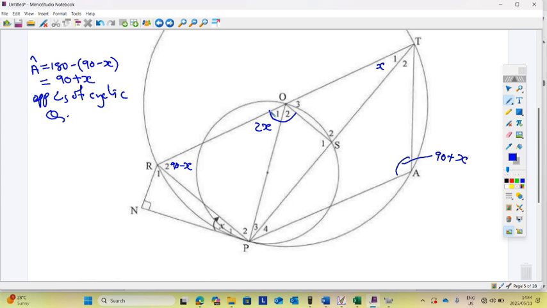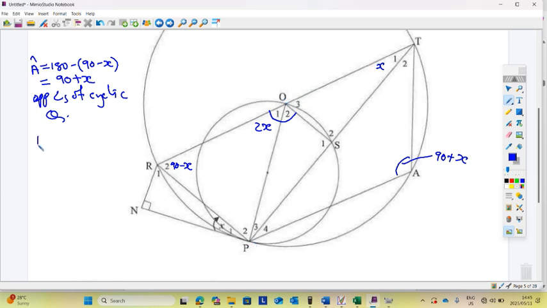Now after this one, we need to determine the size of this one here. Remember, we already know that this is 2x, so we just have to determine O2. How do we determine O2? Remember, OP here is diameter, and we have an angle in a semicircle here. And also we have an x here, and then we have OT and OP, their radius.